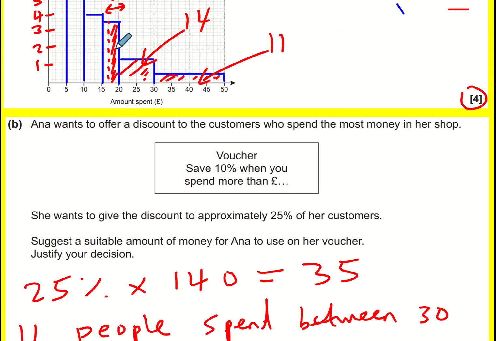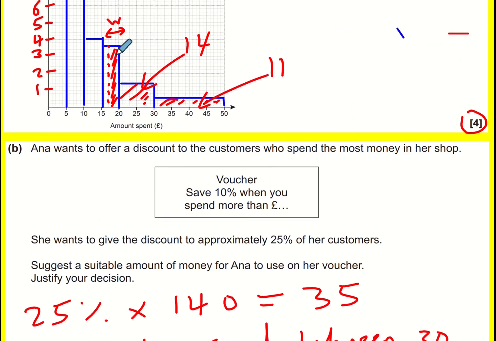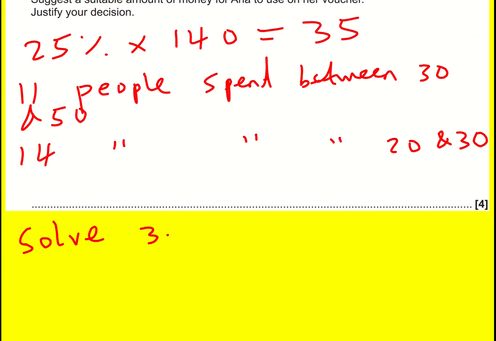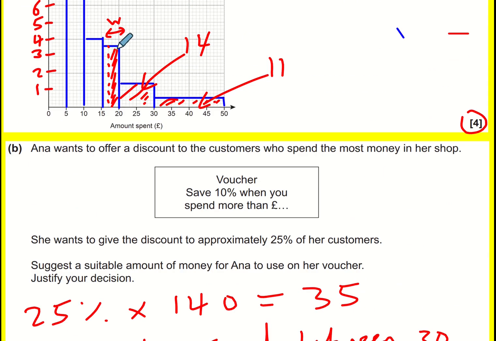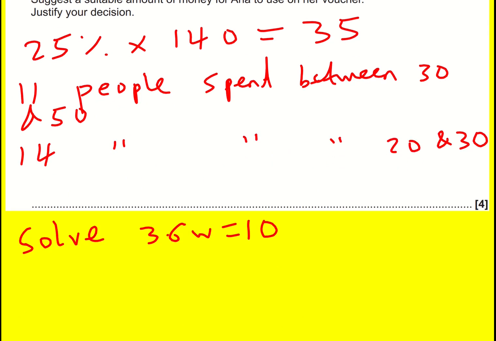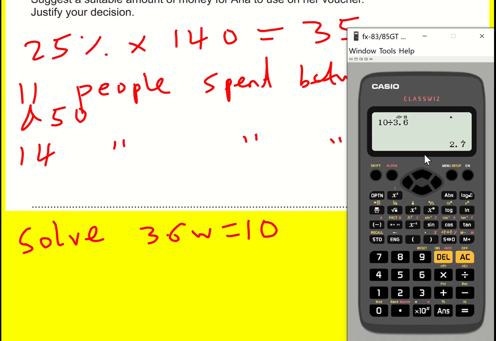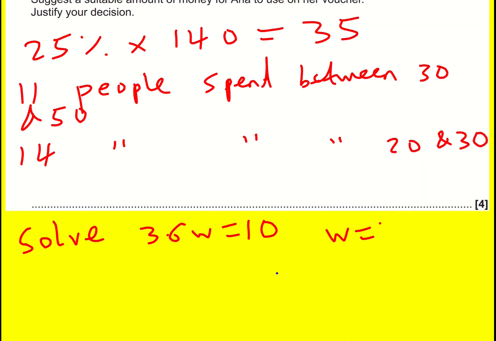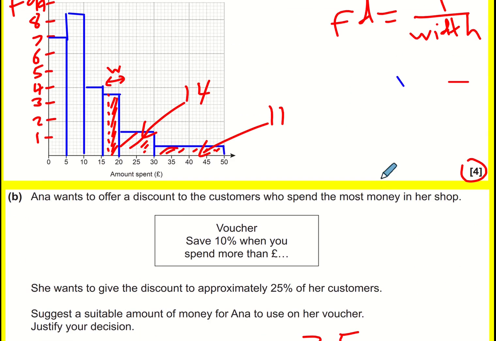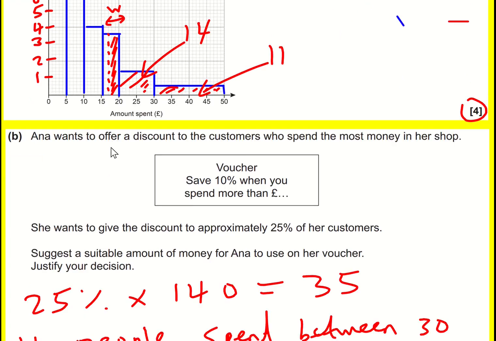I want the area of this bar to be 10, so I'm going to have to solve the height, 3.6, multiplied by w is equal to 10. Okay, I've created an equation to find this width that will give me 10 people. 10 divided by 3.6, I get 2.7 recurring. W equals 2.7 recurring, which is about 3 people, because I can't have 0.7 recurring of a person. So I know that the width is going to be 3, and so it's going to be about 17 to 20.